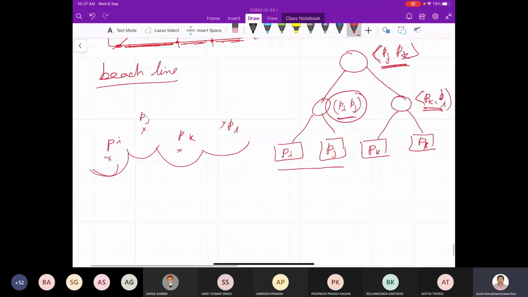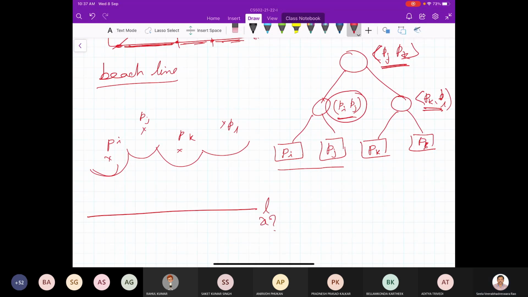So given a sweep line location, by means of some value, we can find out the Voronoi point on a Voronoi edge. Given the sweep line value and these two sites Pi and Pj, we can find the bisector.